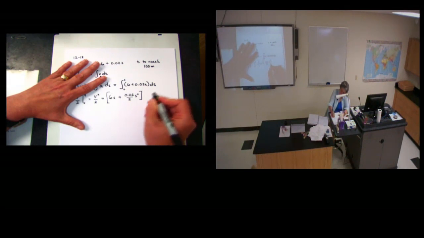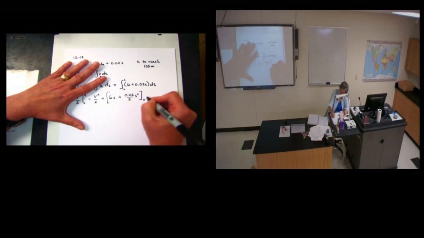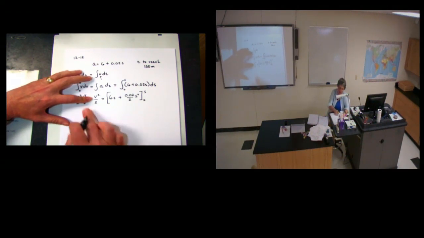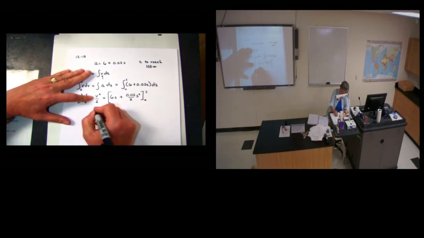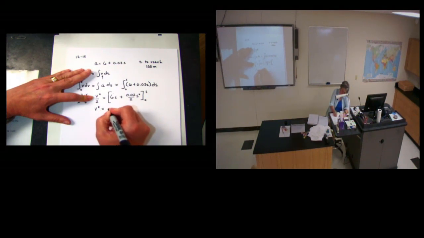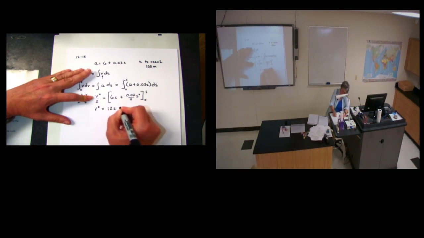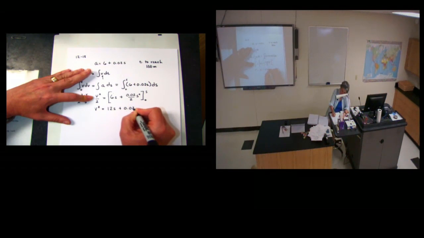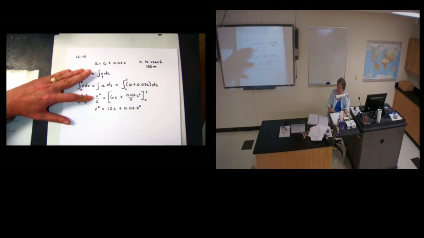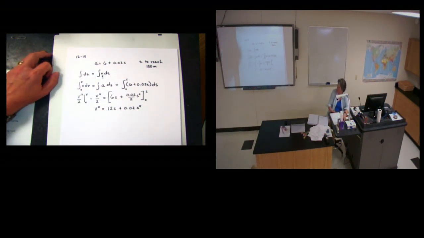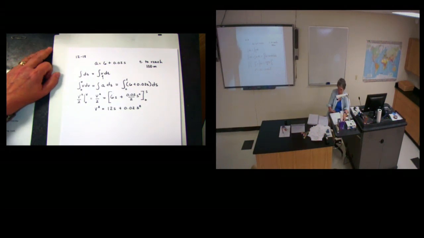So if I go to Appendix A, I'm going to find this. I'm going to get dx over the square root of a plus bx plus cx squared is equal to 1 over the square root of c, the natural log of the square root of a plus bx plus cx squared plus x square root of c plus b over 2 square root of c.